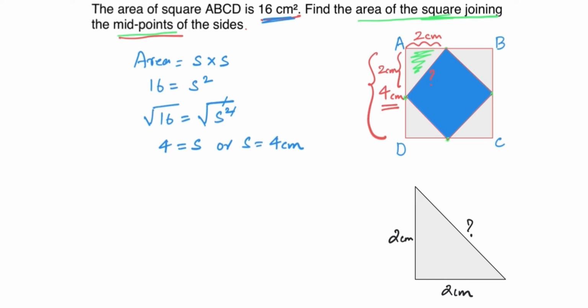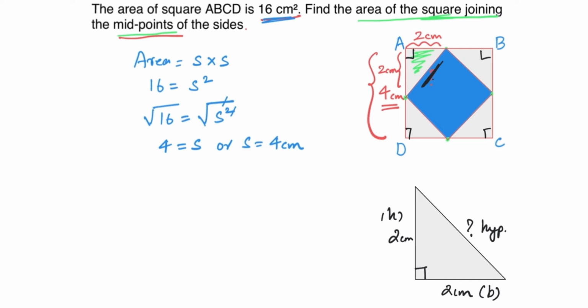We can find the hypotenuse, which will be this side. The side of the square and the hypotenuse of this triangle are the same. We know that in a square all the angles are 90 degrees. So this angle will also be 90 degrees, which means this triangle is a right angle triangle and this will be the hypotenuse. We can use the Pythagoras theorem to find the hypotenuse.